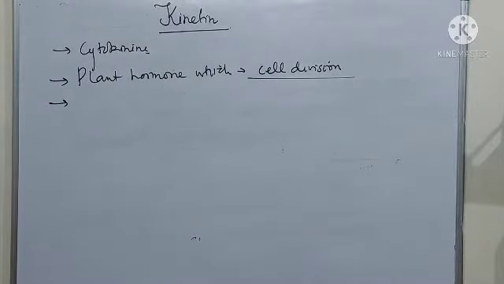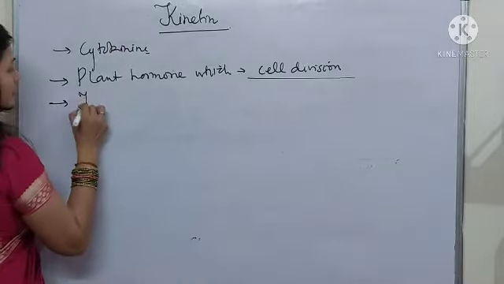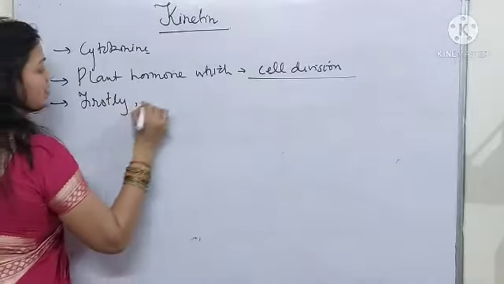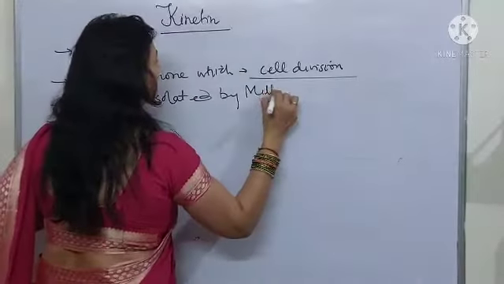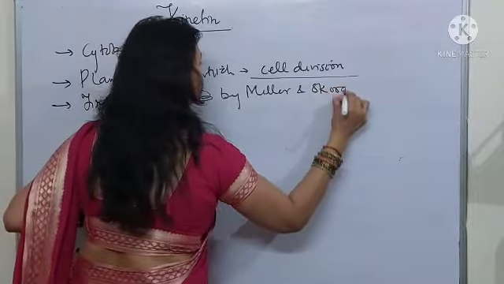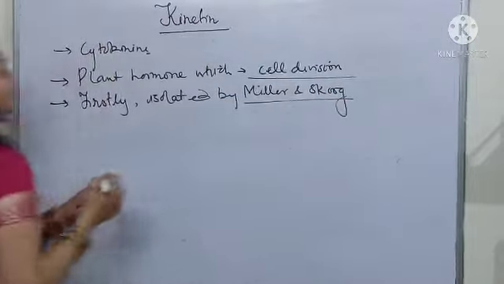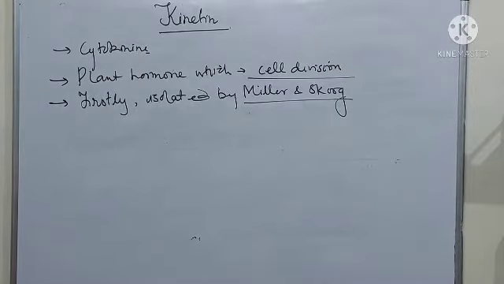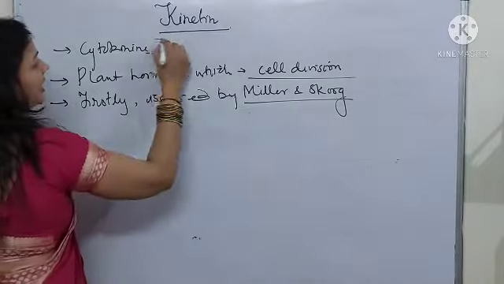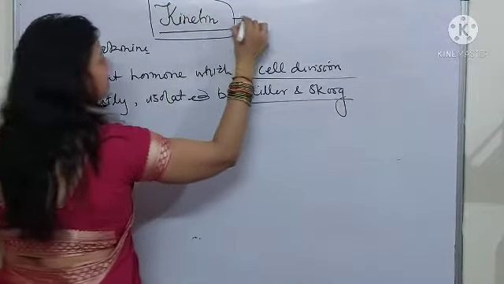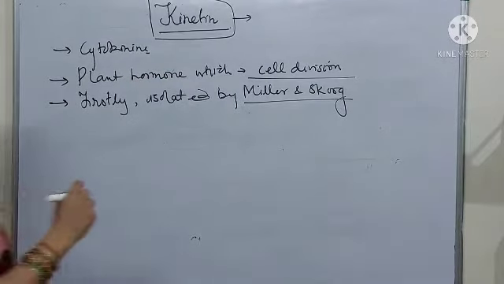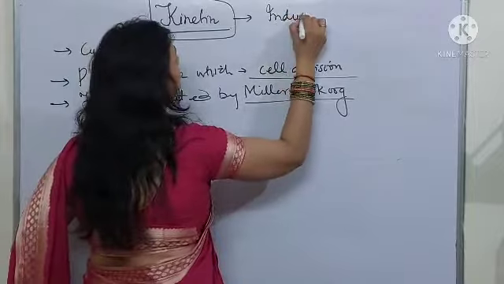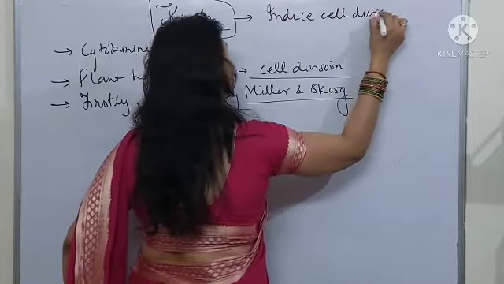It was isolated by Miller and Skoog। तो मिलर एंड स्कूग ने इसे सबसे पहले आइसोलेट किया था, and it was named as kinetin since it has the ability to induce cell division.